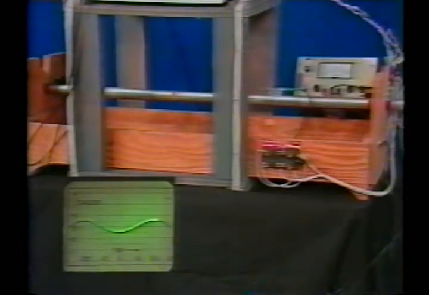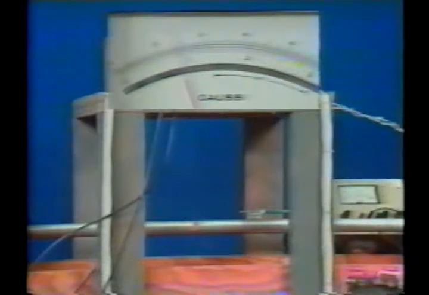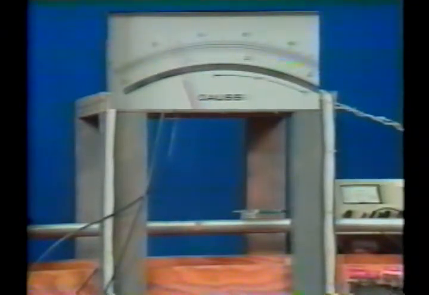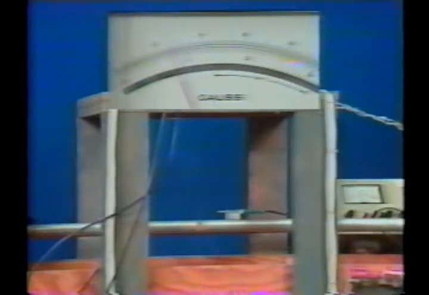Let's compare to the predicted value. With 50 turns, a current of 2.5 amperes, and a half-side dimension of 22.5 centimeters, the predicted magnetic flux density is 2.6 Gauss. To convert from Teslas to Gauss, we have multiplied by 10,000. We measured 2.4 Gauss.